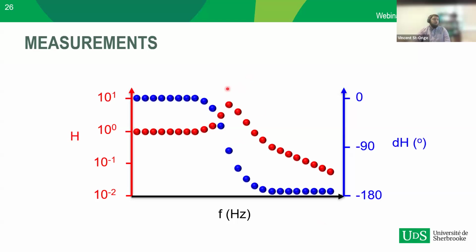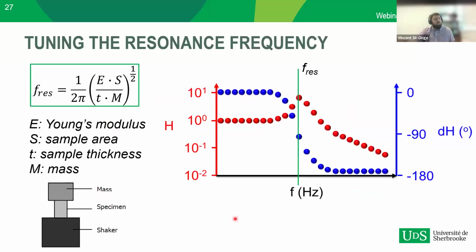Now, this instrument works based on vibration models. So knowing the frequency at which the vibration happens is very important to extract the viscoelastic behavior of your sample. And there's a very simple model that allows us to tune or predict the position of the resonance frequency of your material simply by knowing its Young's modulus, the sample area, the sample thickness, and the mass that we put on top.